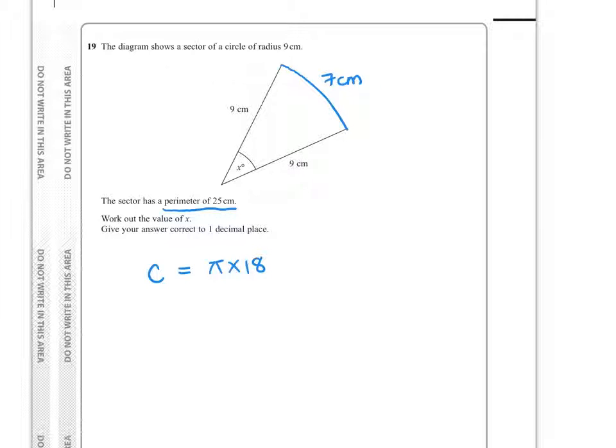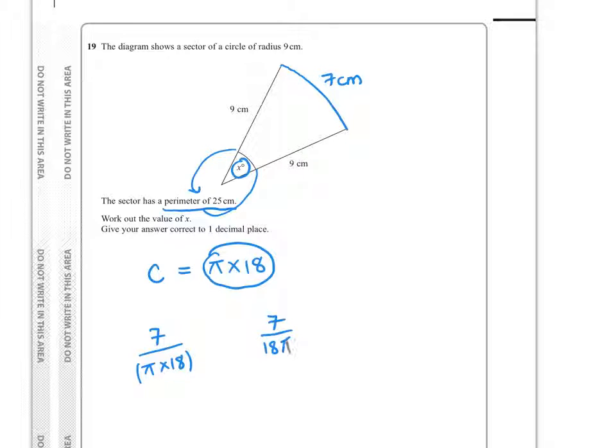So if we work out what fraction this part of the circumference is compared to the whole circumference, we can work out what fraction this is of 360, because don't forget, all the way round is 360. So 7 divided by pi times 18, which you can write as 7 over 18 pi. That's got to be in the same ratio as x is to 360.